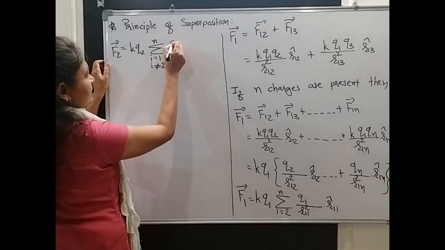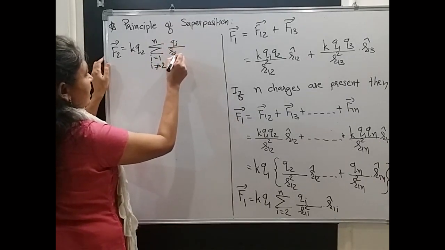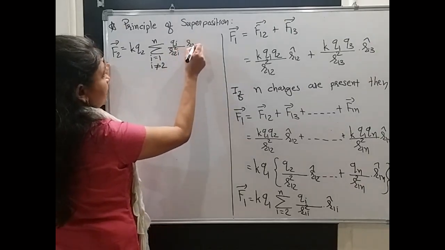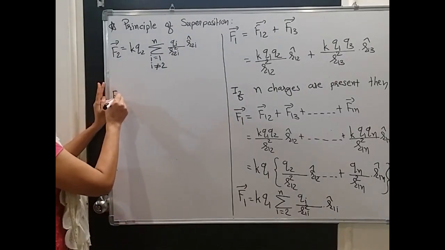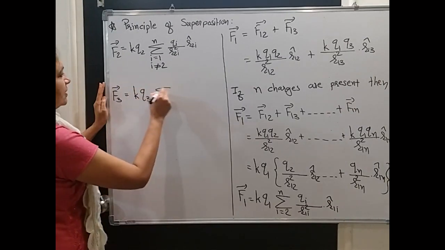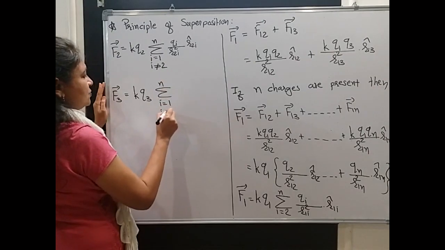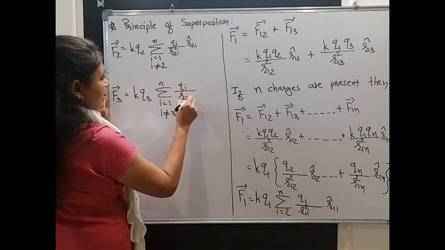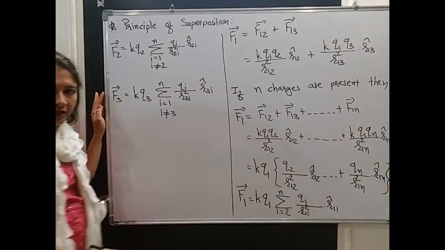Then I will write Qi upon R2i square into unit vector R2i. Similarly, if I want to write for F3, then it is Q3 summation i equal to 1 to n, i should not be equal to 3. Then Qi upon R3i square into unit vector R3i.